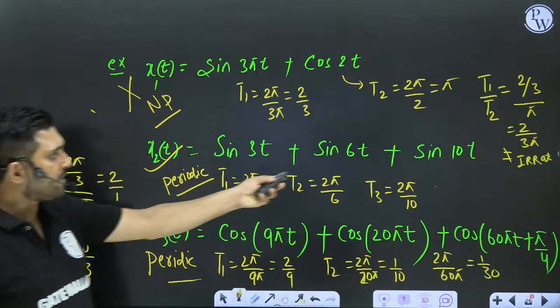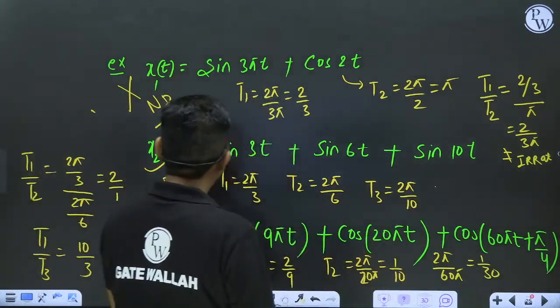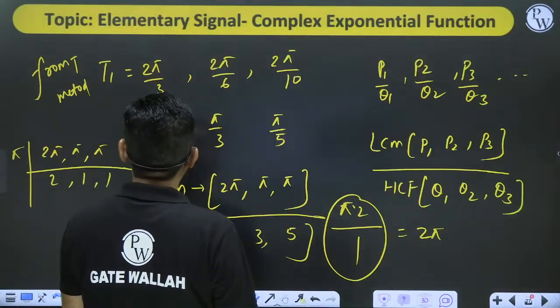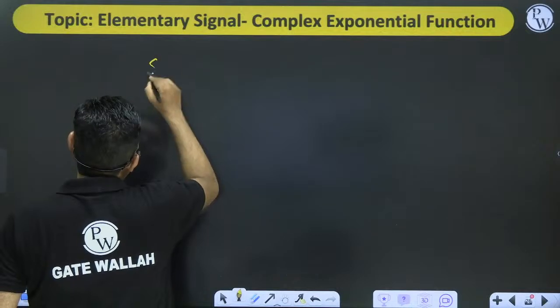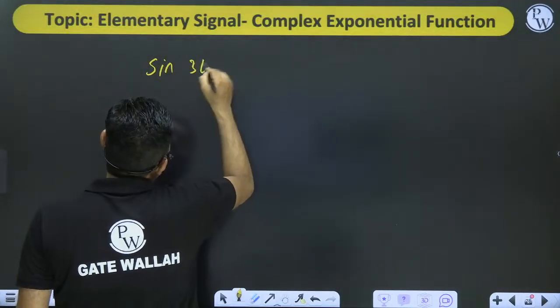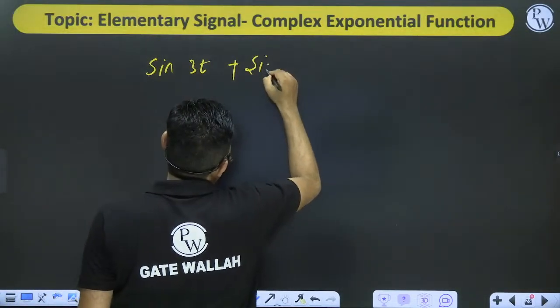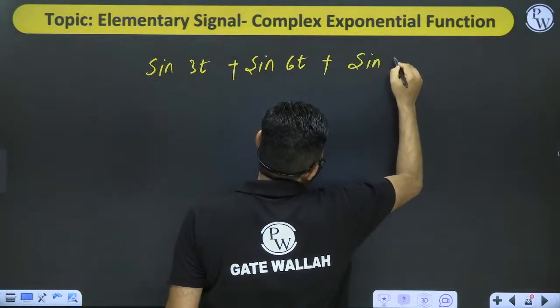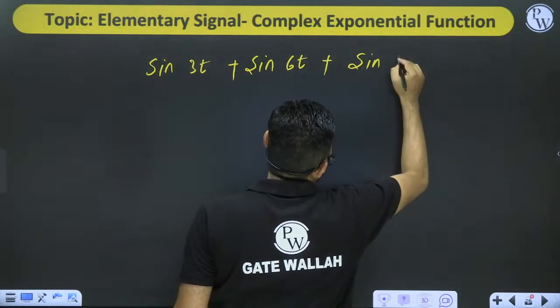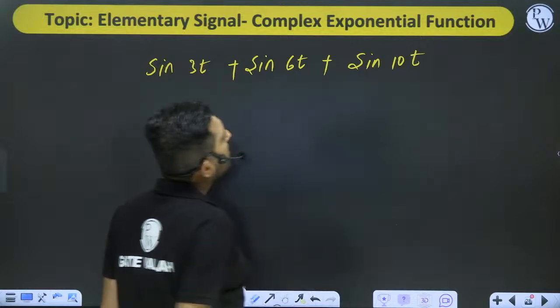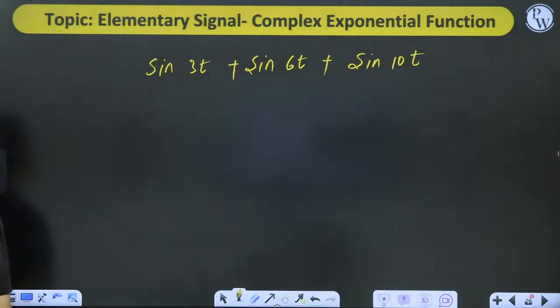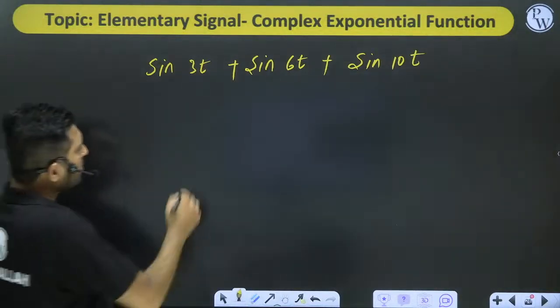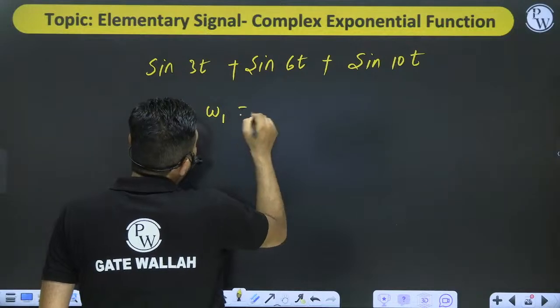So it was sin 3t plus sin 6t plus sin 10t. What is omega 1? 3.